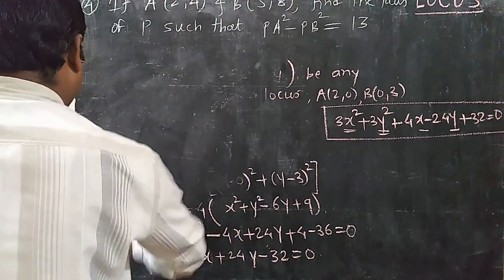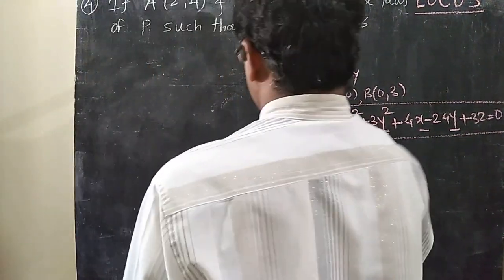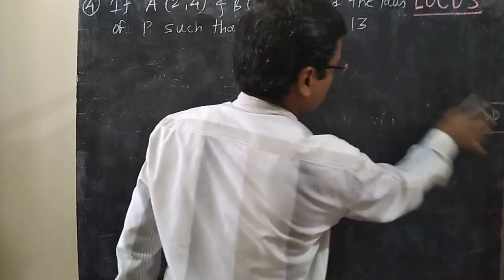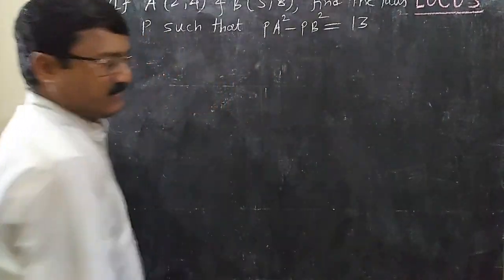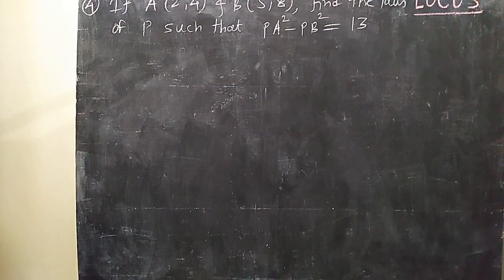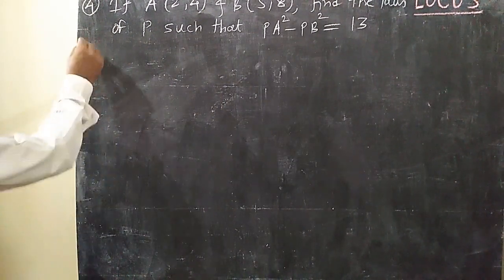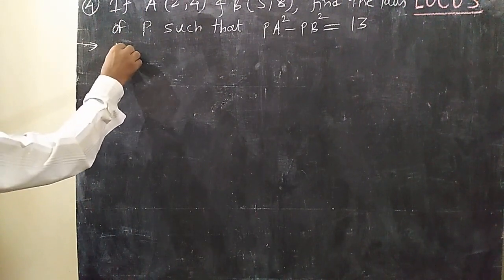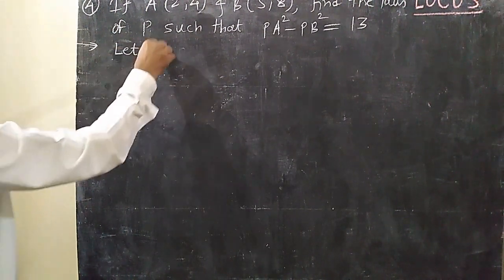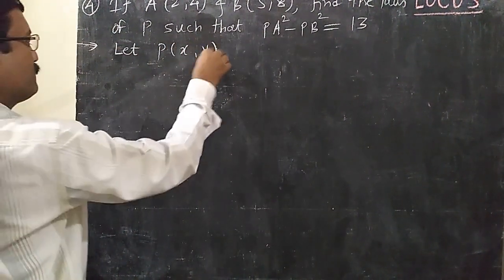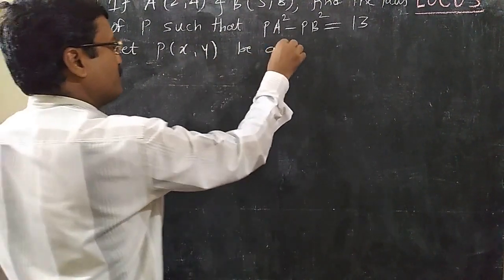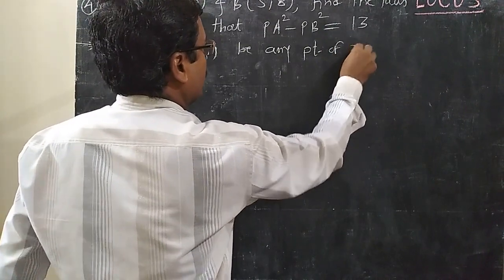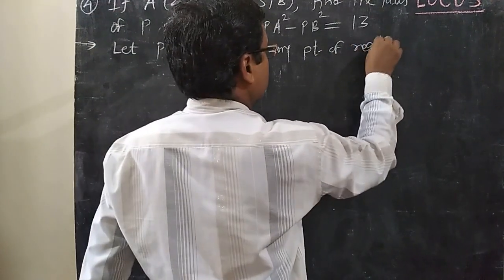Let us find the equation of locus as per the given condition. For that, we will follow the same four steps again. In the first step, let P(x, y) be any point of the required locus.